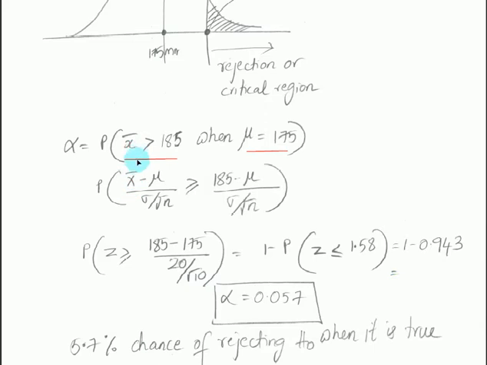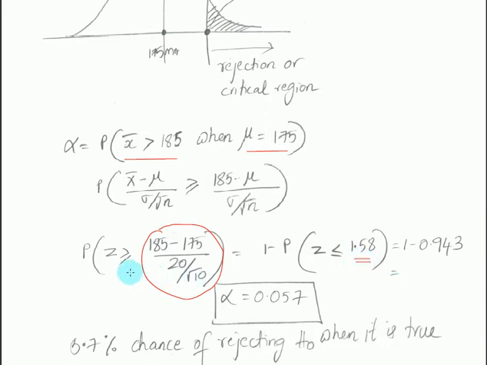We can standardize this normal distribution: x bar minus mu divided by sigma over root n is greater than 185 minus mu divided by sigma over square root of n. If you substitute the values, we compute the probability that z is greater than this component, and when you simplify that, it turns out to be 1.58.